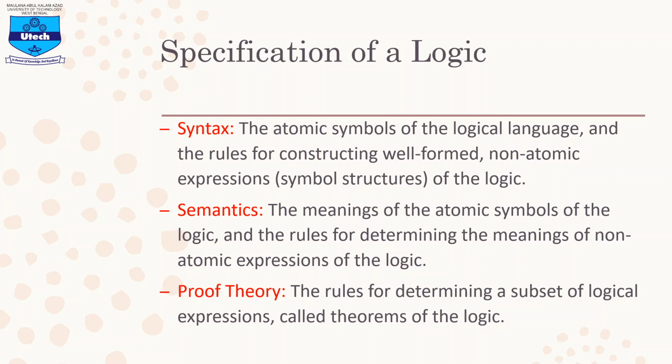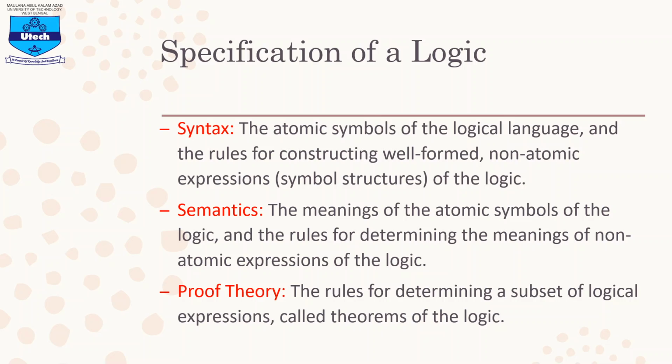Now, what are the specifications of a logic? There are three terms: syntax, semantics, and proof theory. What is the syntax? The atomic symbols of the logical language and the rules for constructing well-formed non-atomic expressions, the symbol structures of the logic. That is the syntax.